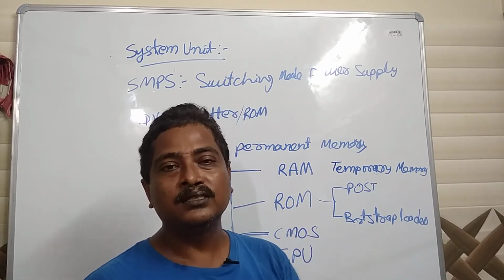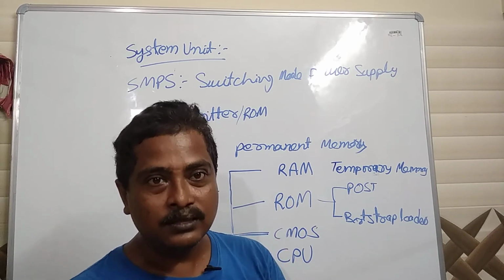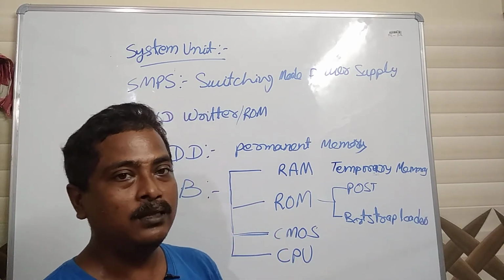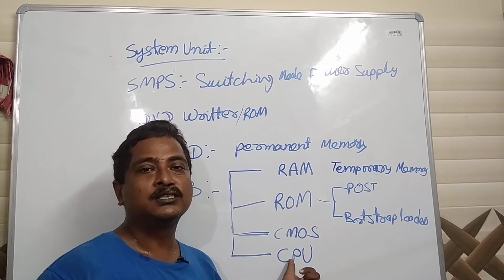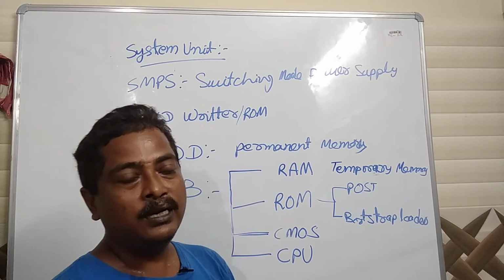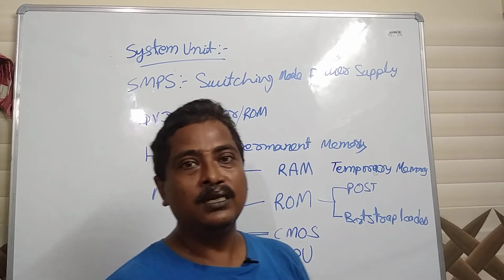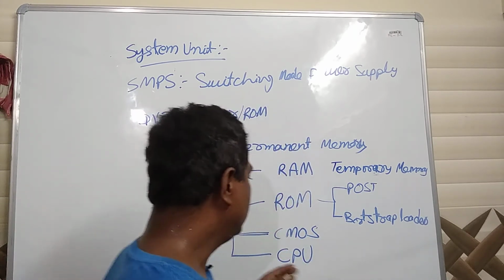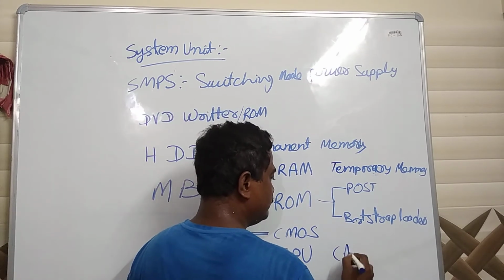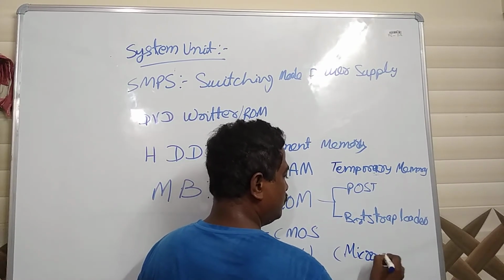So this calculation is required. When this calculation is done inside the memory, that is the task of our central processing unit, or in marketing language, we call it the microprocessor.